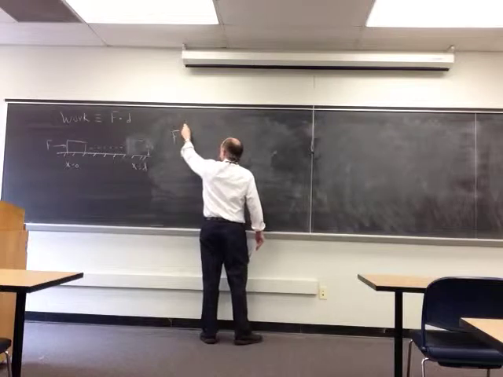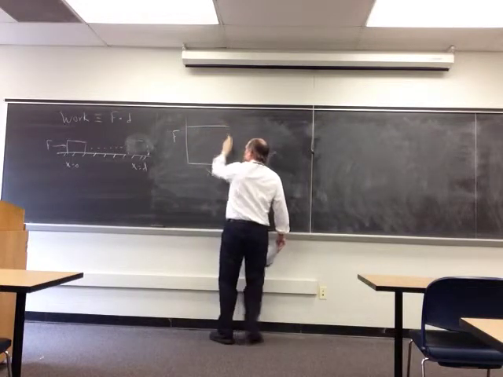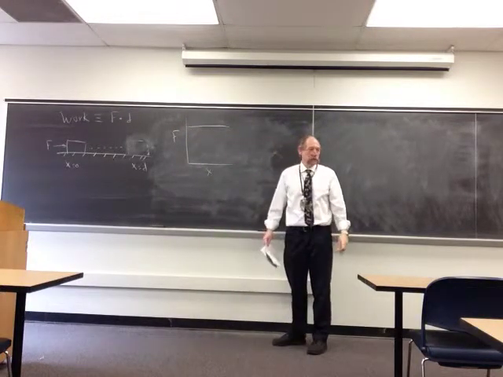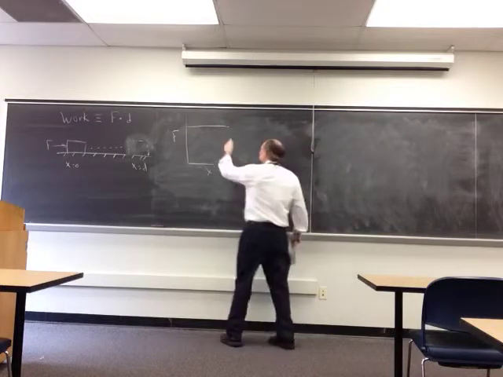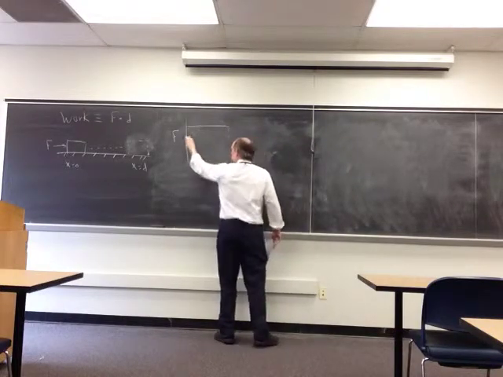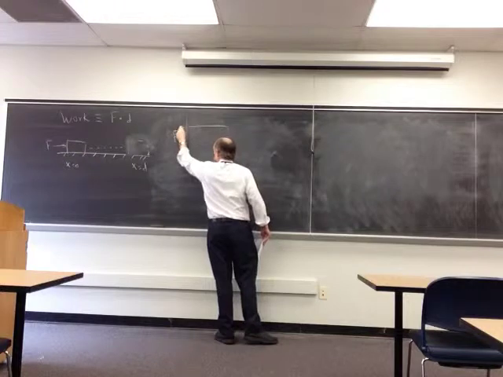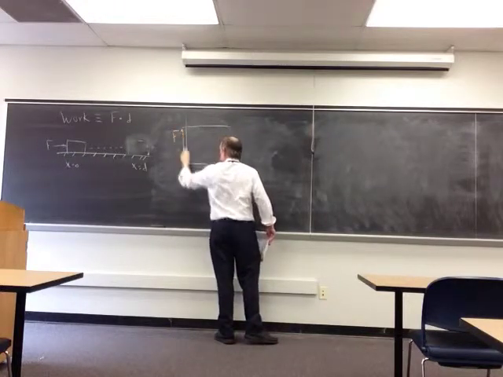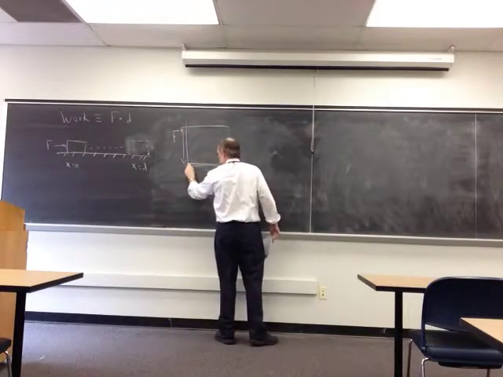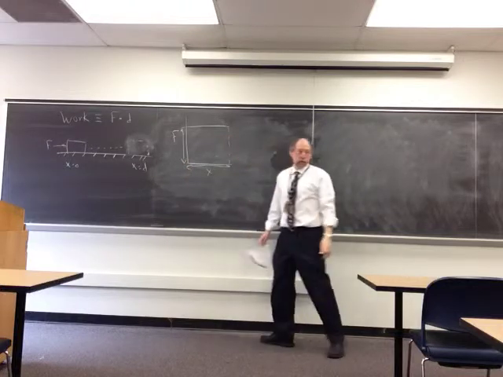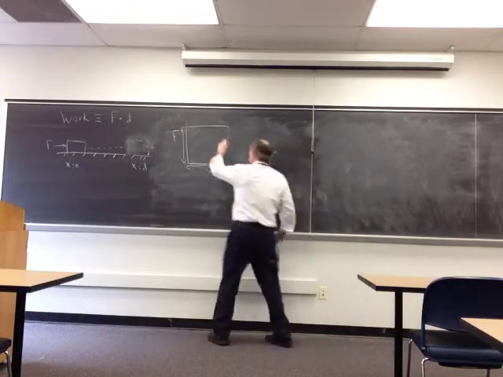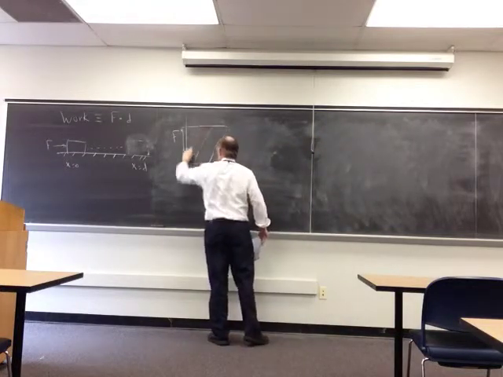And if the force is constant, doesn't change as you push this block, the work is simply the force times the distance, right? It's the area of a rectangle. It's also the area under this curve.